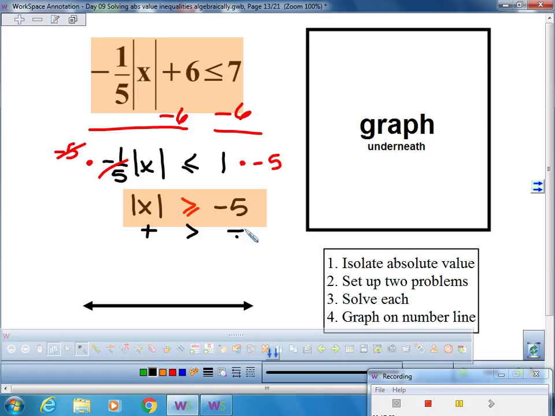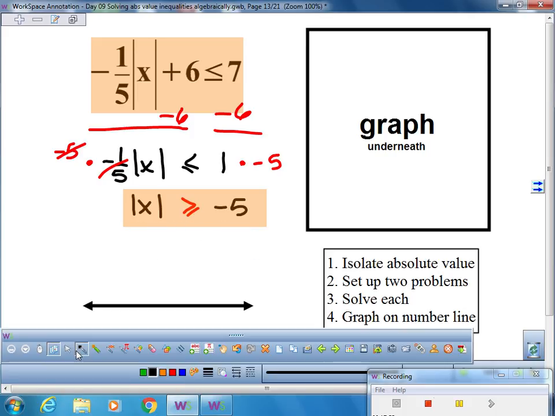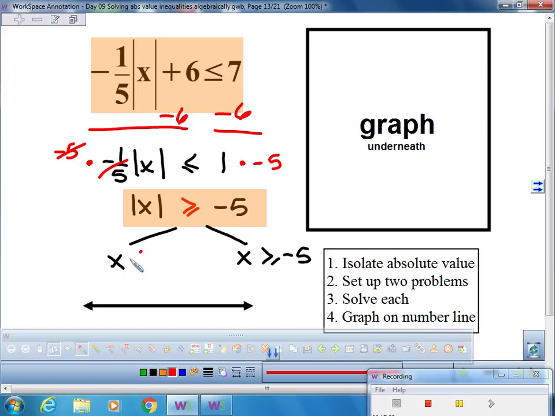So I can go ahead and split my two equations up. So I have x is greater than or equal to negative 5. And then I'm going to go in the other direction. X, that means I've got to switch my sign, is less than or equal to positive 5. Other direction, opposite sign, right?